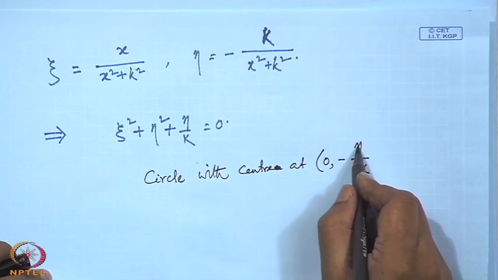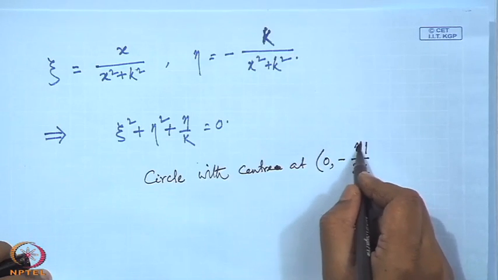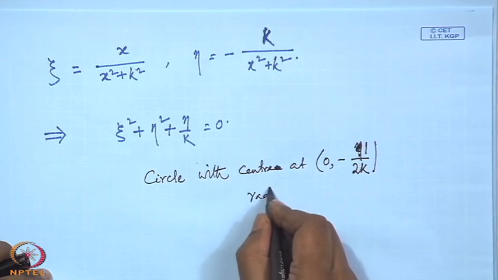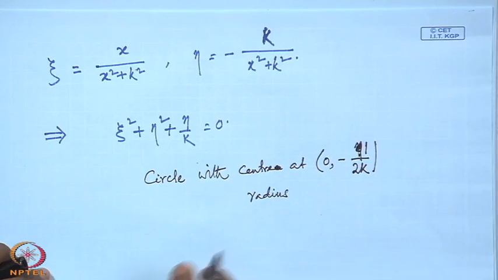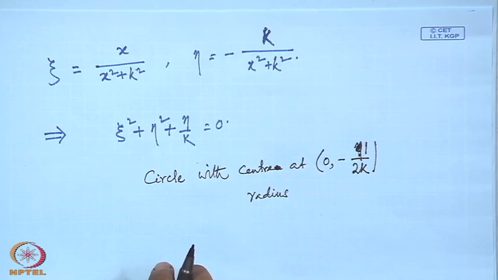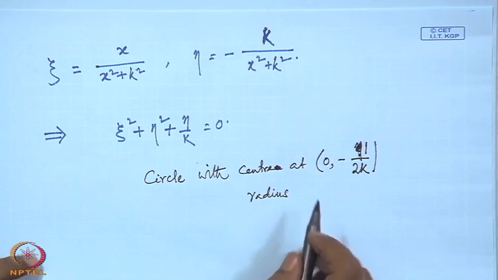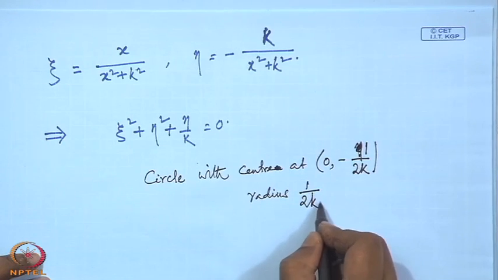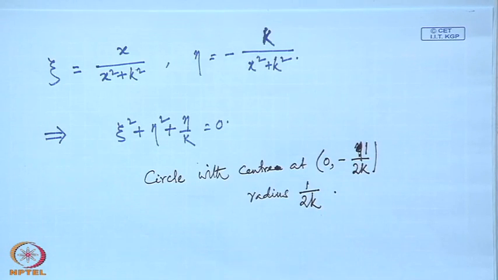Yeah, it should be 1 by 2k. Okay, and radius 1 by 2k. So, for each value of k you will get a circle.